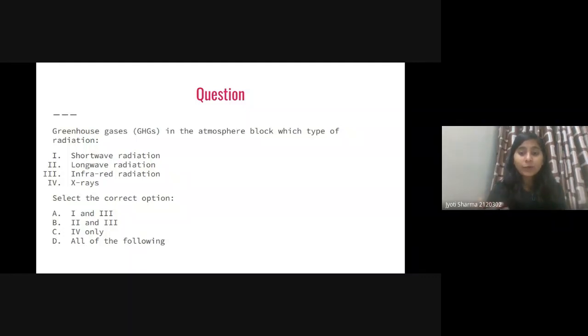Come on, guys. We were already talking about greenhouse gases and what the role of greenhouse gases is. Why are greenhouse gases leading to the temperature increment? Yes, Pinak, infrared radiation is one of the options.